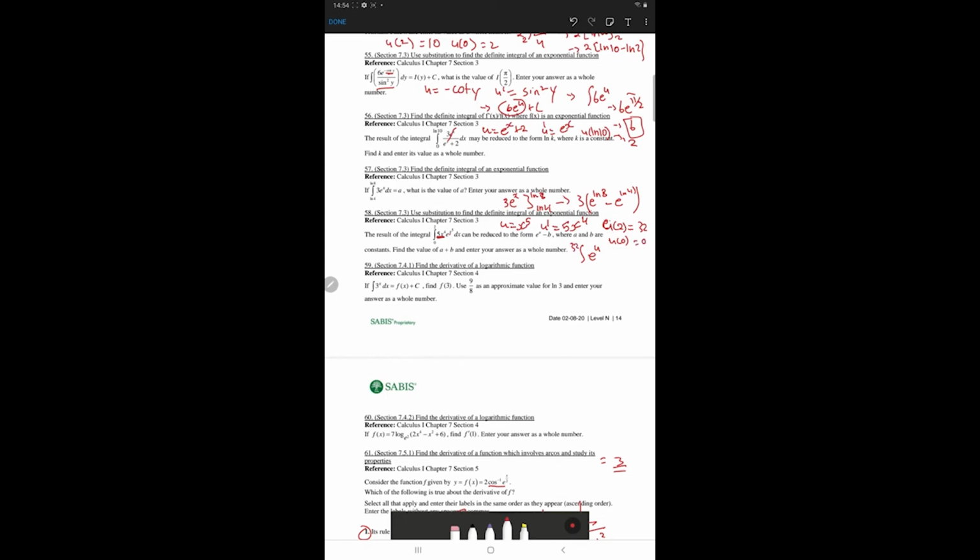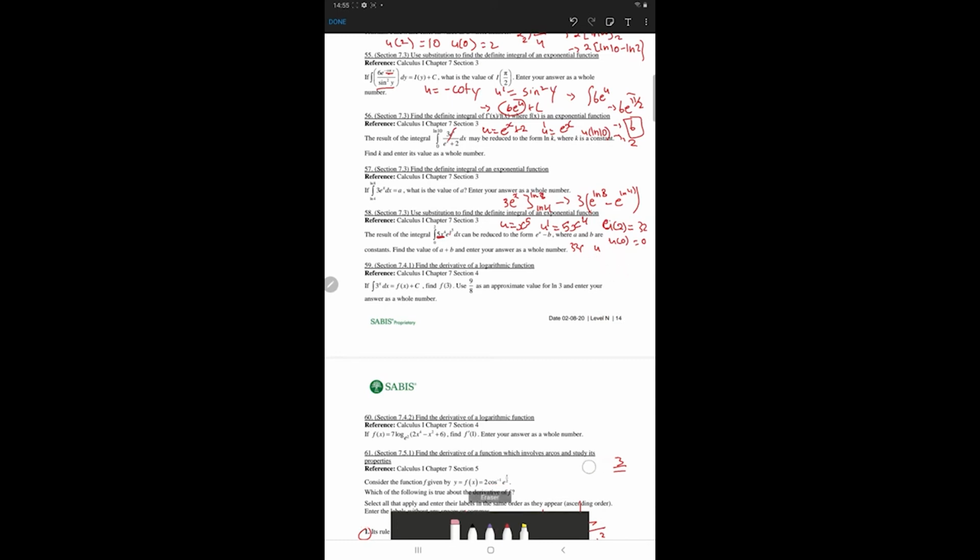So it's going to be e^u from 0 to 32, e^32 minus e^0, because the integral of e^u is still e^u. e^32 minus 1, simplifying because e to the power of 0 is 1. Now we have it in the form e^a minus b, where a is 32 and b is 1. They're asking for the value of a plus b, so you're just going to add 32 plus 1, 33.